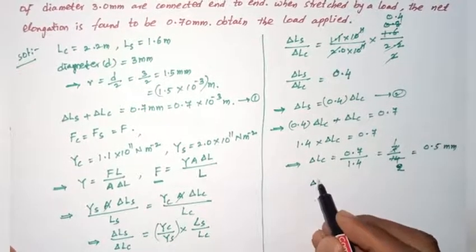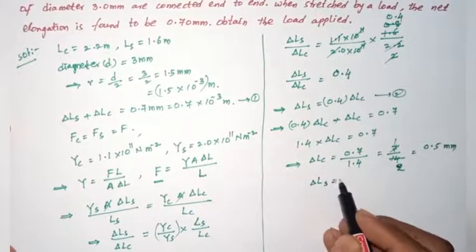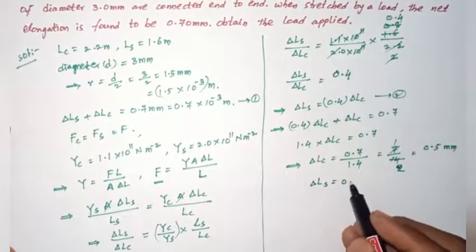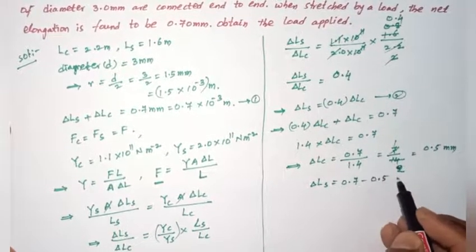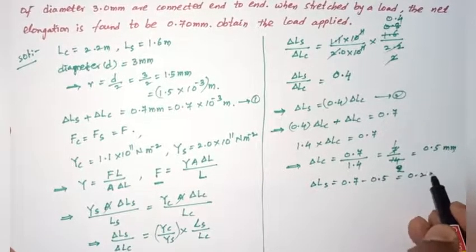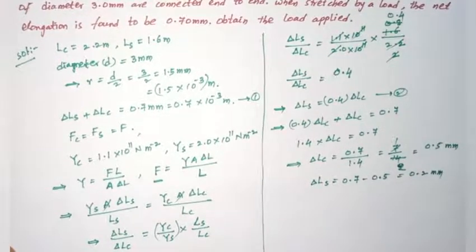Then delta Ls equals 0.7 minus 0.5, which equals 0.2 millimeters.